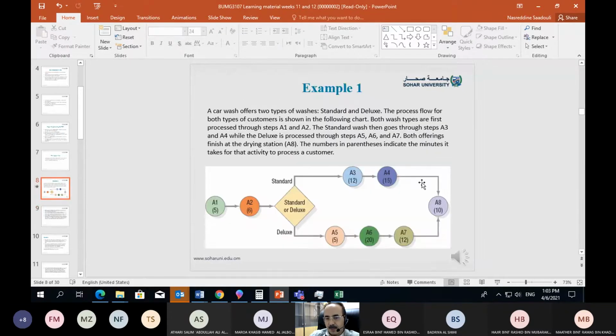What is the bottleneck for the process? We've already given the criteria. The criteria is that the bottleneck is the one that has the largest processing time. And since here we are given times, which of these is the bottleneck? 5, 6, 12, 15, 10, then it must be A4. So for the standard, A4 is the bottleneck because it has the largest processing time, 15 minutes.